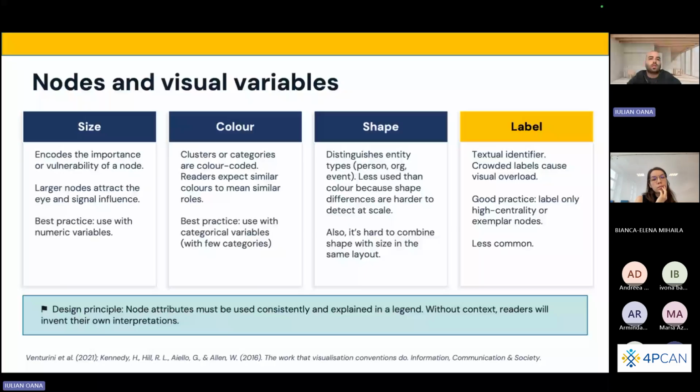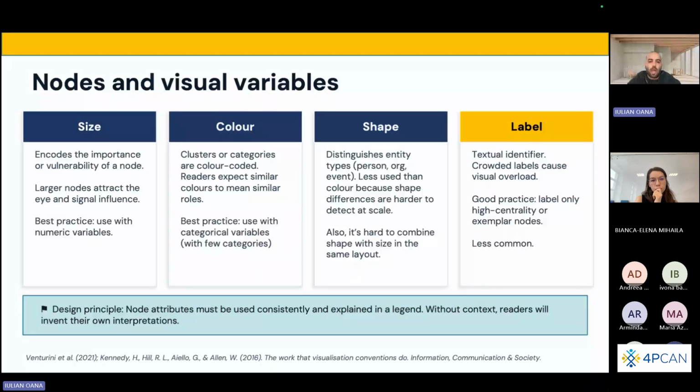Second, we can talk about color. So we can also color nodes. Clusters or categories are color coded, and readers will expect that similar colors will mean similar roles.